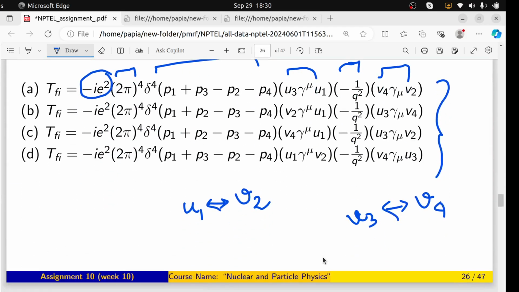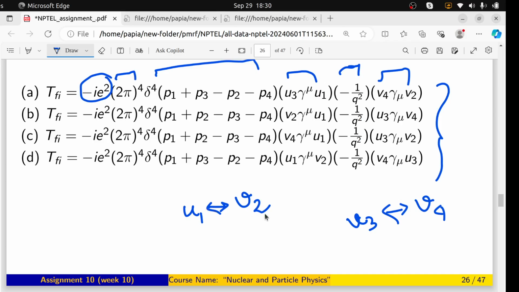So U1 and V2, U3 and V4, minus 1 by q square. V2 E1, U3 V4, minus 1 by q square.